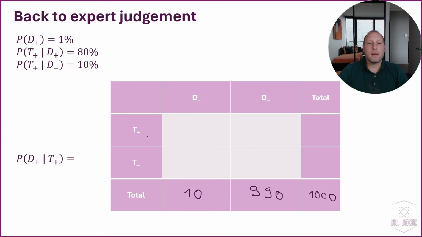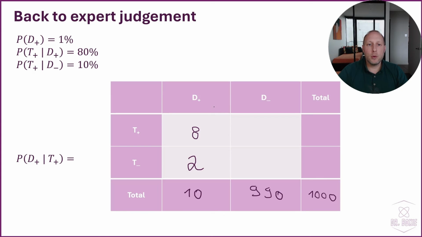Now we know that P of T plus given D plus is 80%. So that means of the people who actually have breast cancer, out of those 10, 80% of them will get a positive test. In other words, 8 out of the 10. And the other 2 will get a negative test despite them actually having breast cancer. What do we get in the second column?